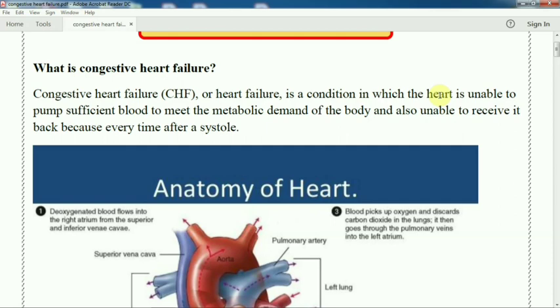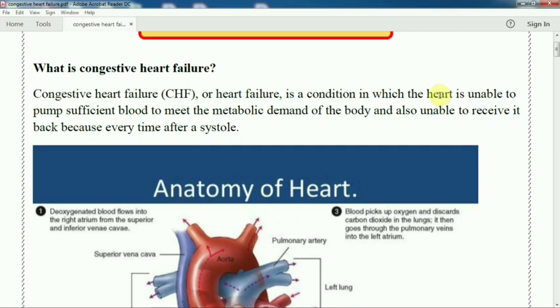We know every part of the body needs blood and oxygen, but the heart is unable to supply all parts and also unable to receive. That means preload: when the heart is in a relaxed state, 70% of the blood fills it. So it is unable to receive, meaning preload is not sufficient.